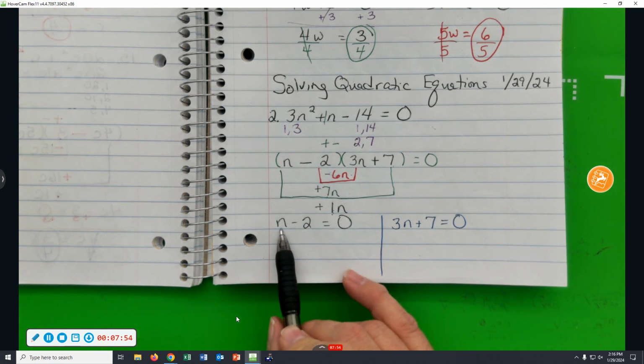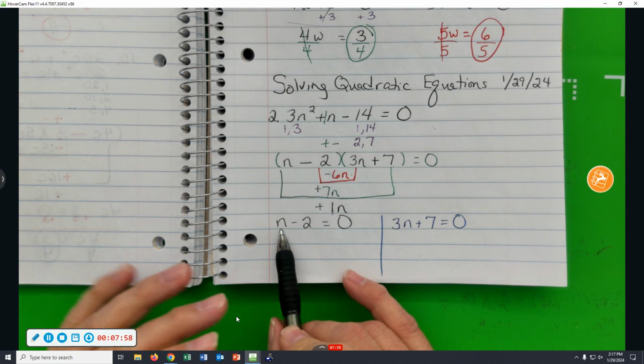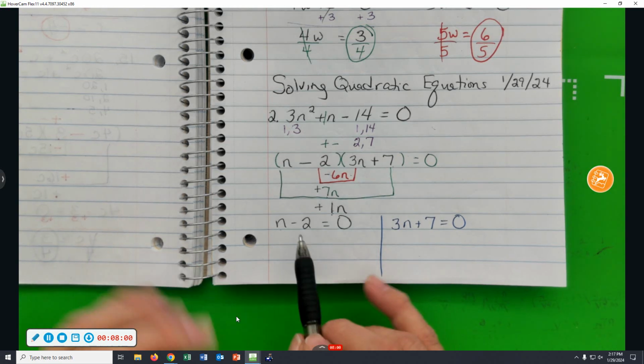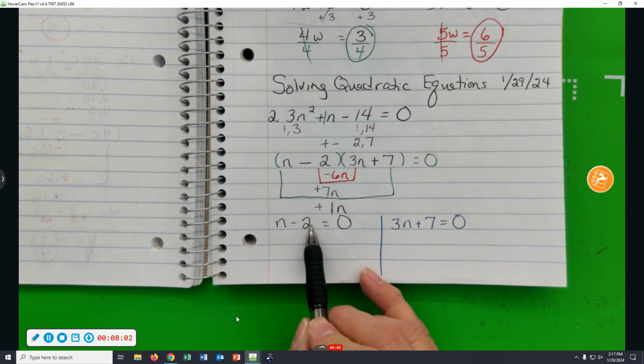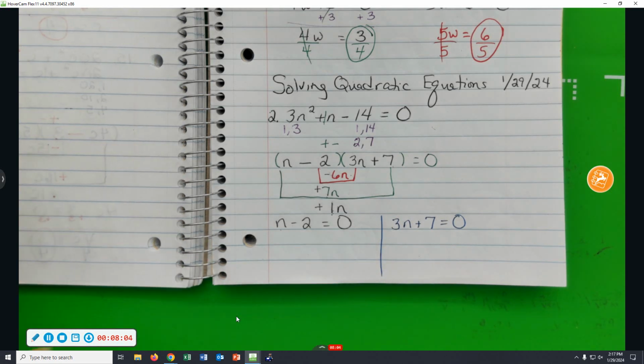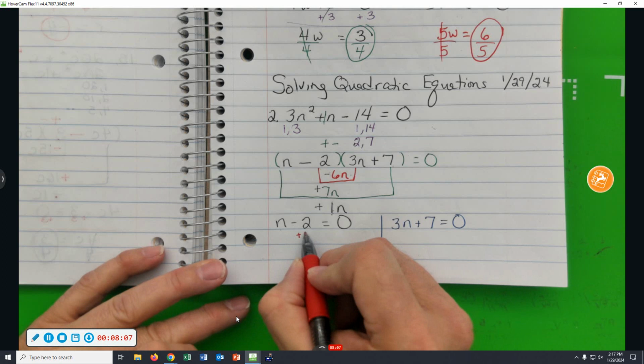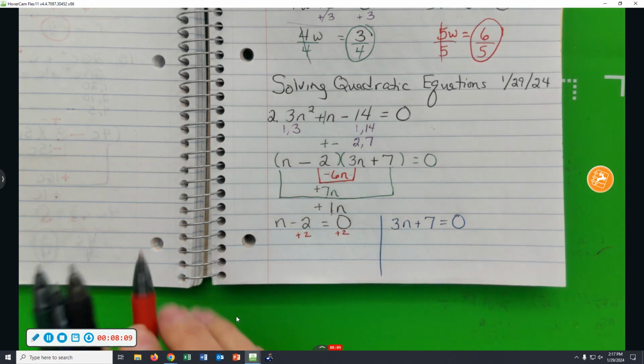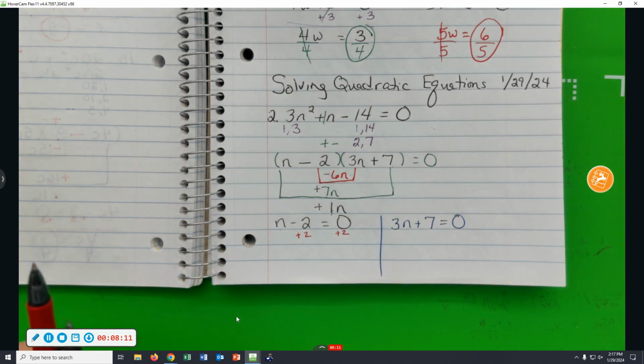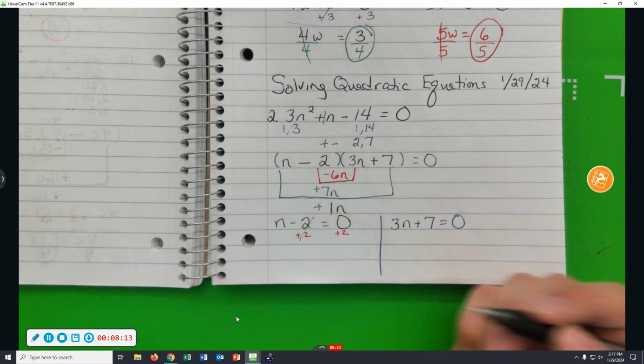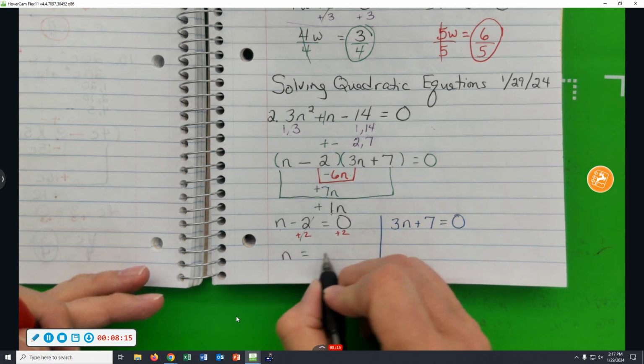Isolate the variable by performing the opposite operations to both sides, beginning with addition and subtraction. The opposite of subtracting 2 from both sides, is that going to be adding 2? So we just have the 2 subtract out, n equals 2.